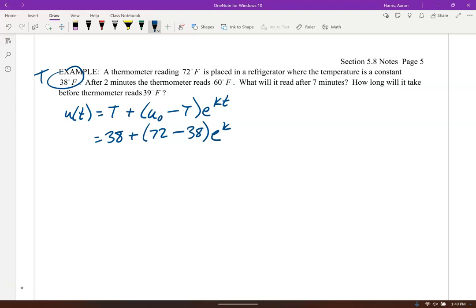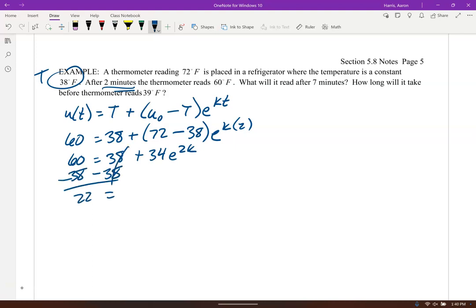Now it says after 2 minutes, the temperature is 60 degrees. So e to the 2k equals 22 over 34, 0.6471. Take the natural log of both sides.